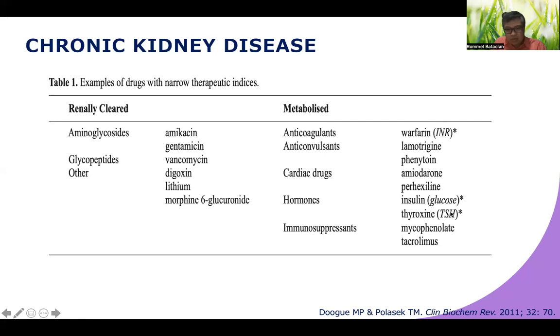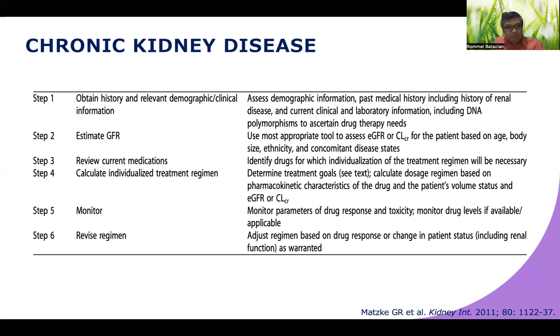In insulin, we check the blood sugar. Those are some clinical parameters that we use in lieu of measuring the direct serum drug levels. So these are some of the important drugs that you have to take note of, especially if that individual has chronic kidney disease.